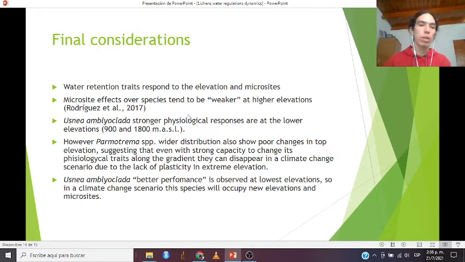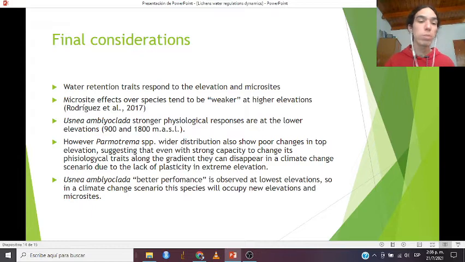And our conclusion is also that Usnea amblyoclada physiological responses are stronger at the lowest microsites and lowest elevations, meaning that in a climate change scenario they will have a wider range of action. So this can be an advantage for the species.